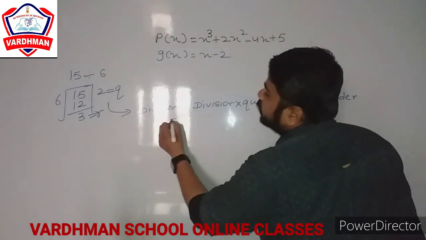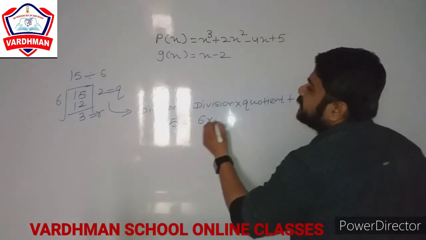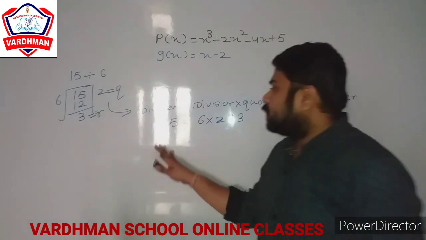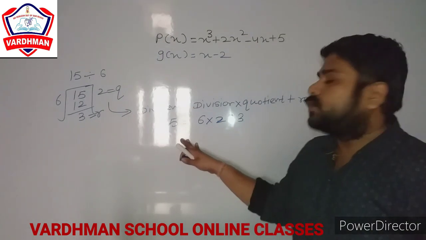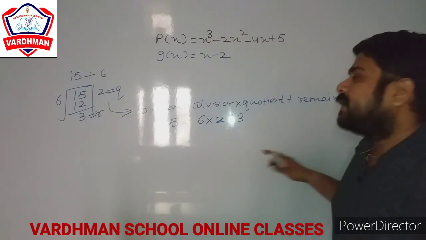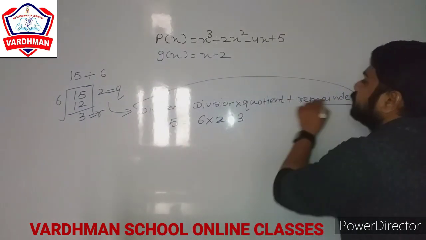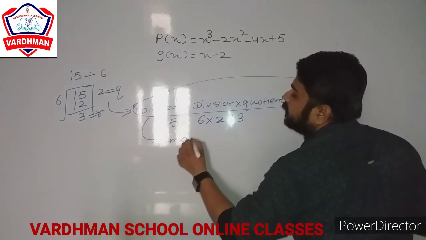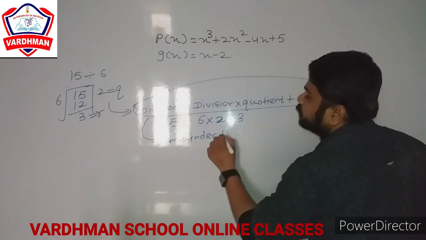That is 15 is equal to 6 into 2 plus 3. So 6 into 2 is 12, 12 plus 3 is 15. That statement is called the remainder theorem.